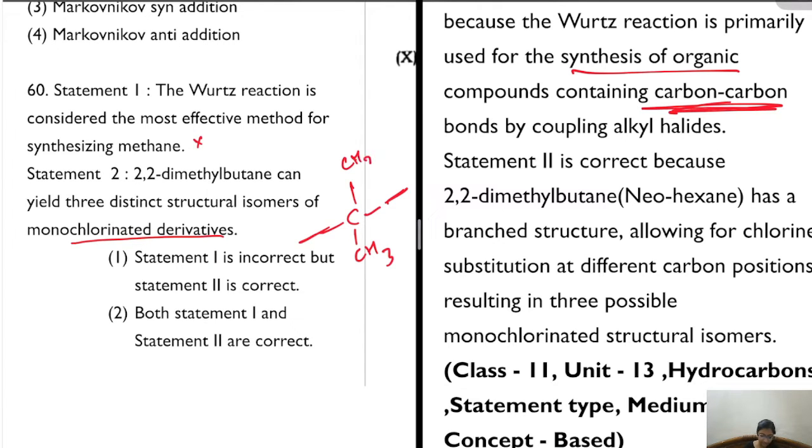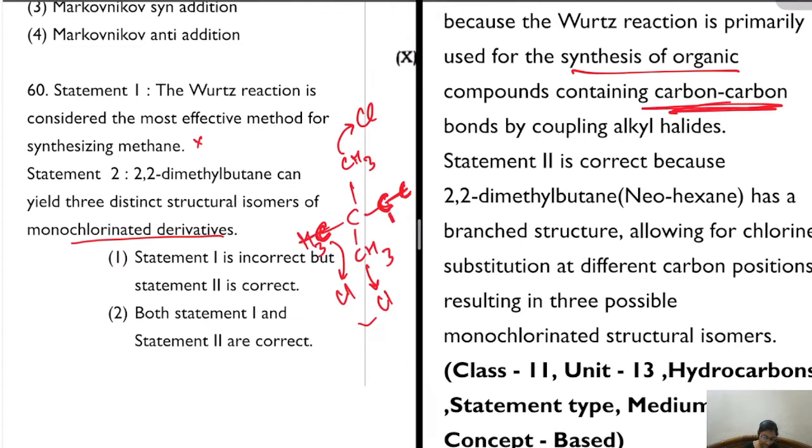Here we have CH3. Here we have C, here also we have C. Now what happens? Upon chlorination, we can have chlorine here, here, and here. So these will be the same three isomers.